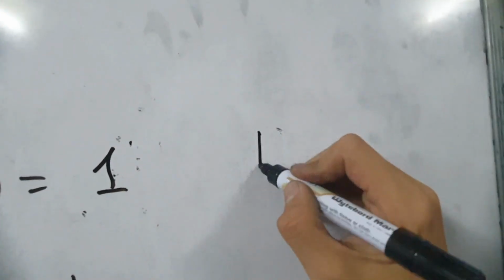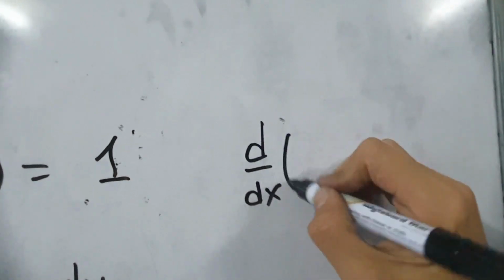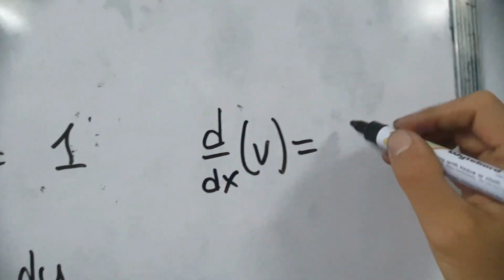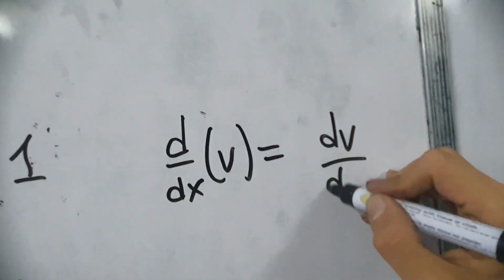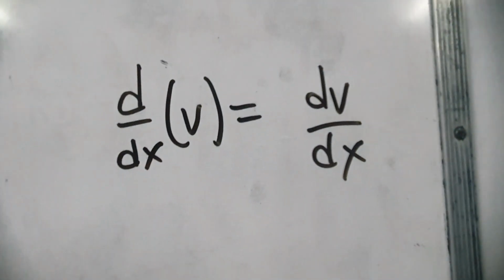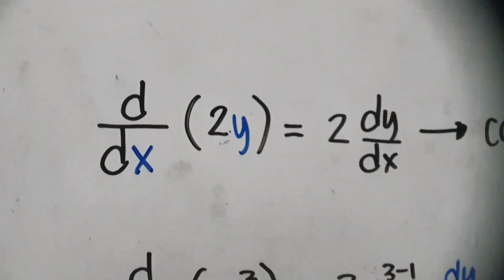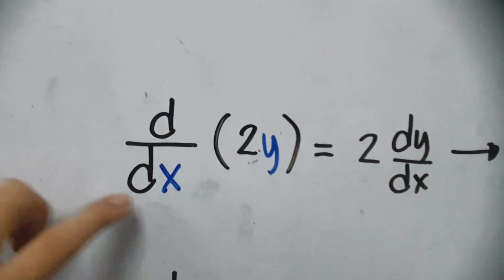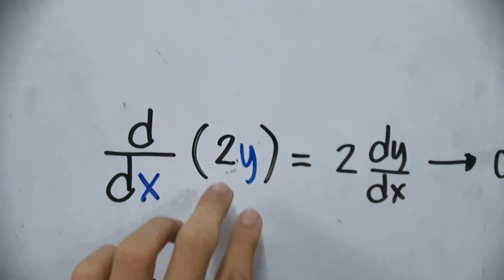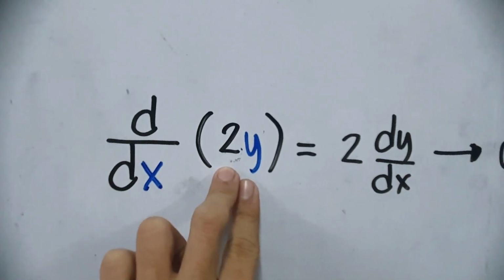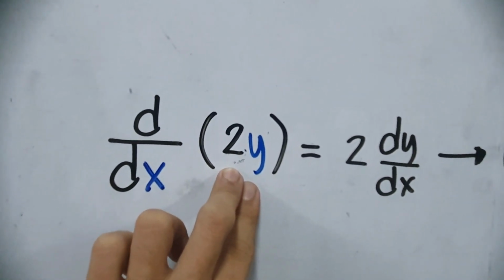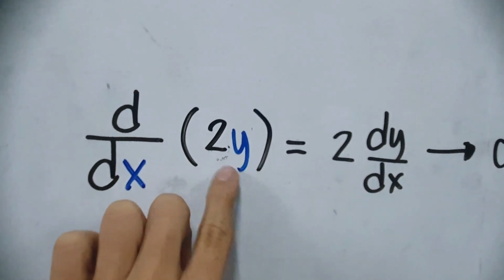If we have the derivative with respect to x of v, that is dv over dx. Clear? Okay. Now, if we have the derivative with respect to x of 2y, so we're going to derive this function 2y, that is equivalent to a constant multiple rule.